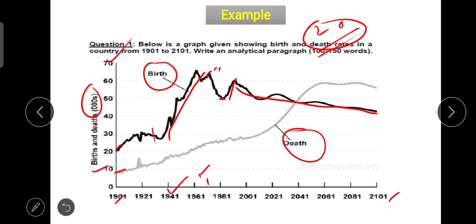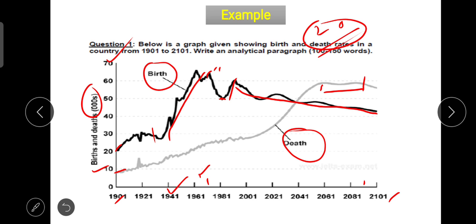But in contrast to birth rate, death rate goes on increasing till 2061, and then it reaches the plateau. It levels off, it becomes stagnant, and somewhere near 2091 or 2099 or so, it starts showing a decline.